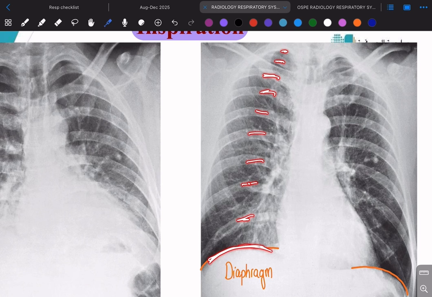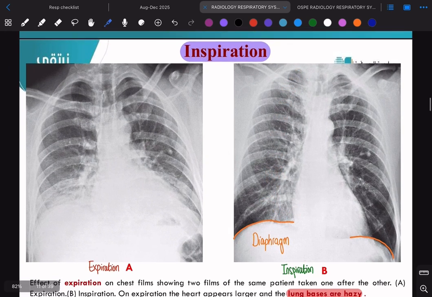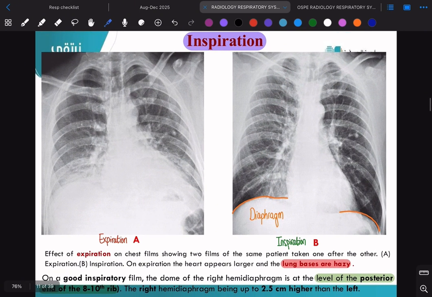So as long as the lower border of the lung is between the 8th and the 10th rib, we can say this is a perfect image and inspiration is successful.